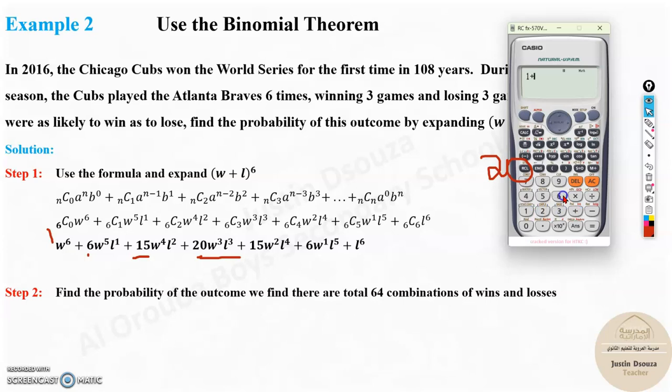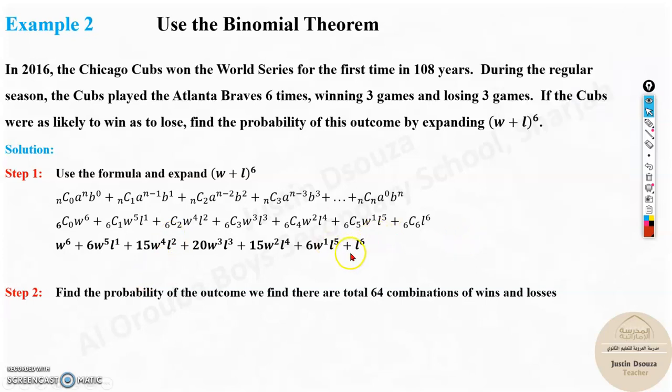It's 1 plus 6 plus 15 plus 20. Sorry, it's 20 plus 15 again plus 6 and plus 1. And what is the answer you're getting? 64. So the total combinations of winning or losing, may it be loss or may it be win, total combination is 64. We just now found out.